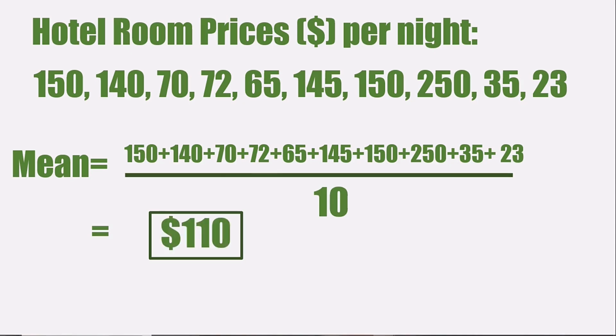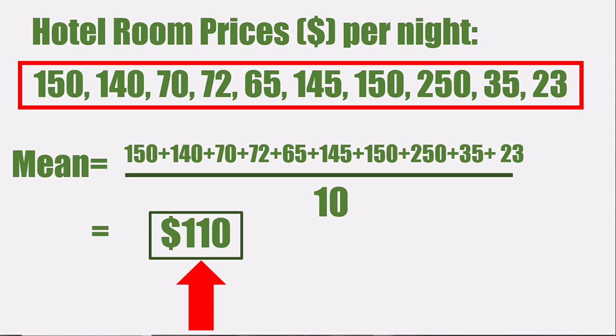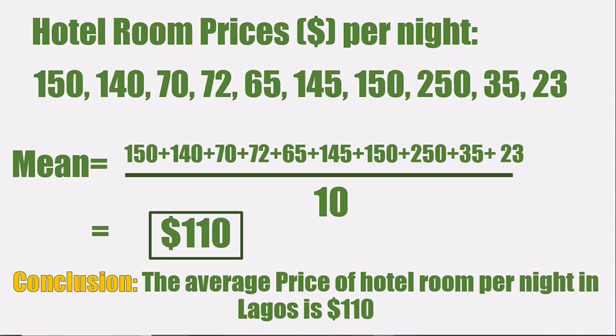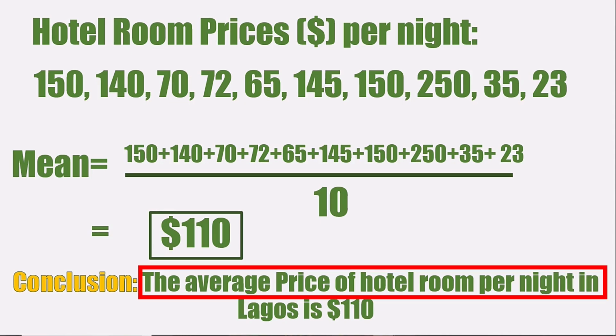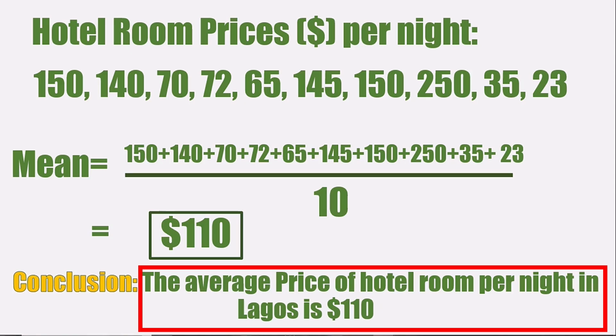Now, if you see the dataset, this 110 is definitely not a good representation of it, because we have some rooms with a price way less than $110, and also one that has $250, which is way more than $110. So again, this mean is not a good representation of that dataset. But the $110 mean means the average price of a hotel room per night in Lagos is 110.